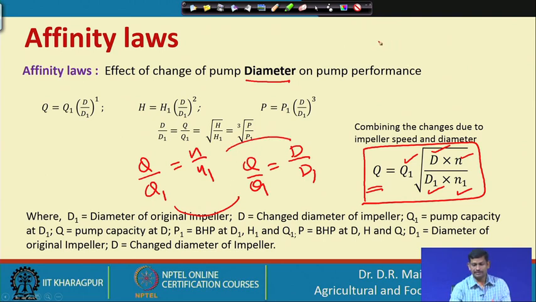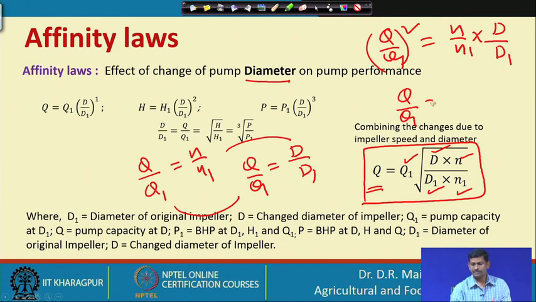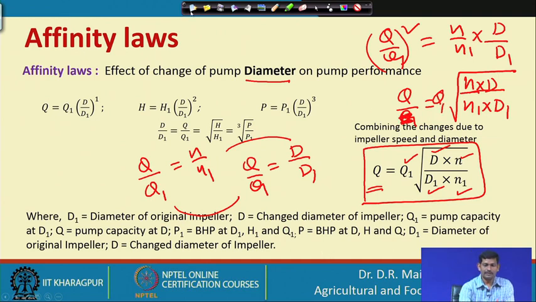Then you get (Q by Q1) square is equal to N by N1 into D by D1. Now, Q by Q1 is equal to the square root of N into D divided by N1 into D1, and then Q1 goes here and you get Q is equal to Q1 into the square root of that.